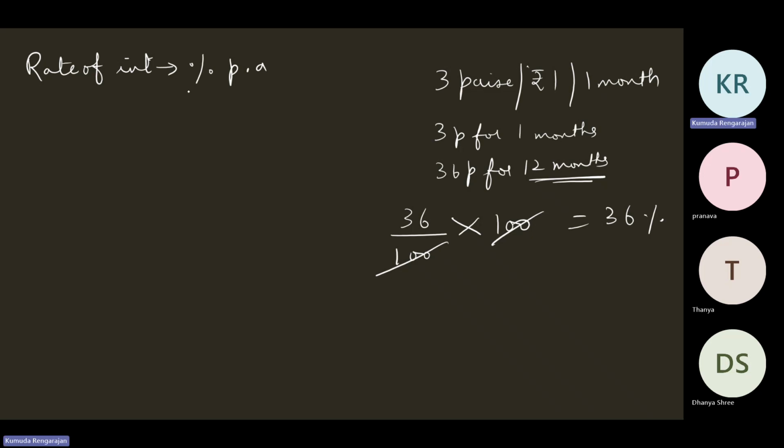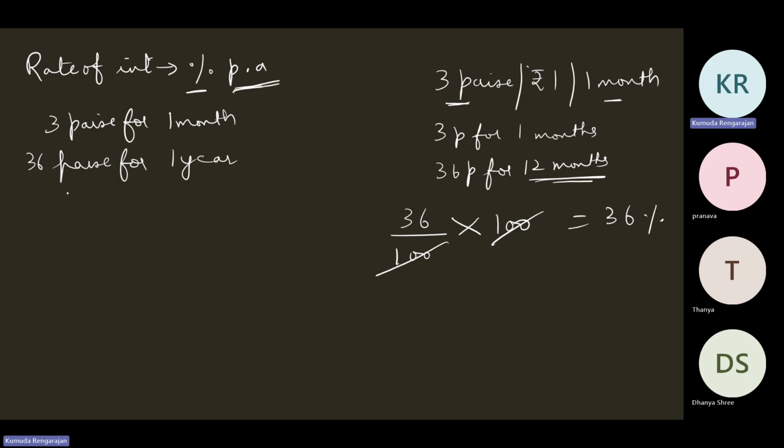Rate of interest is in percentage for 1 year. But here it is given 3 paise for 1 month. Then it is 36 paise for 1 year. So we found out per annum 36 paise for 1 year.